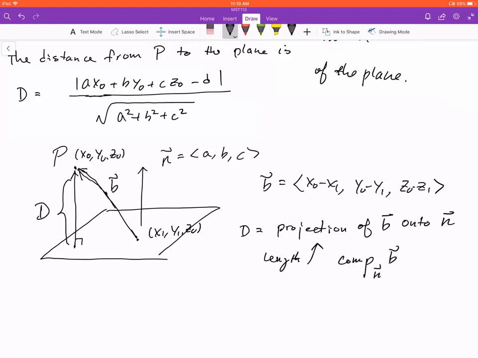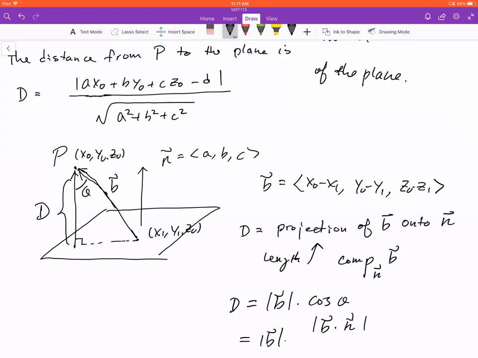Using a little geometry, if we call this angle theta, we can easily see that d is exactly the length of B times cosine theta. And cosine theta is the dot product of B and n divided by the lengths of B and n. Because we assume distance is positive, we can take the absolute value.